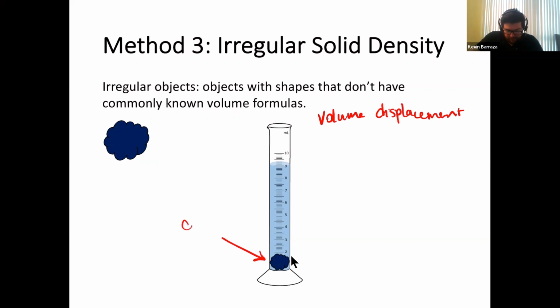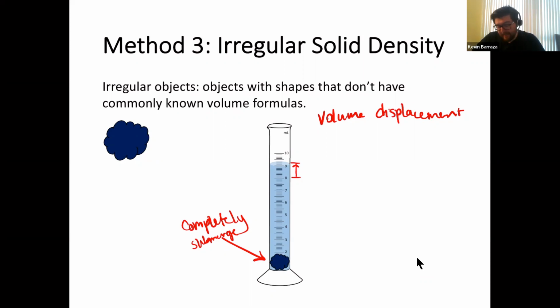This works when we completely submerge, emphasis on completely submerge, the object, then the water level in the tube is going to rise. This difference is the volume of the object.